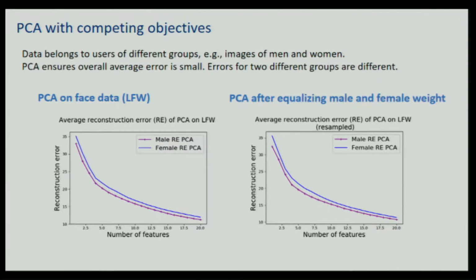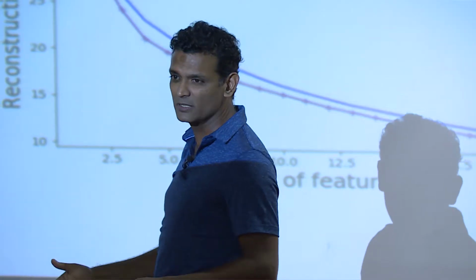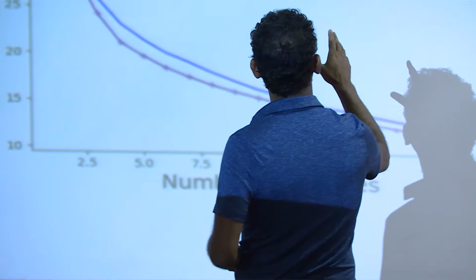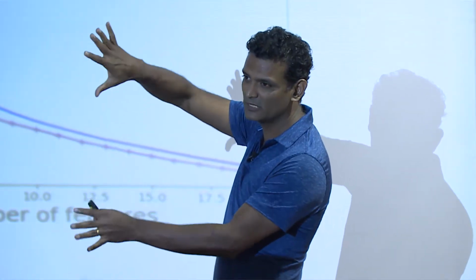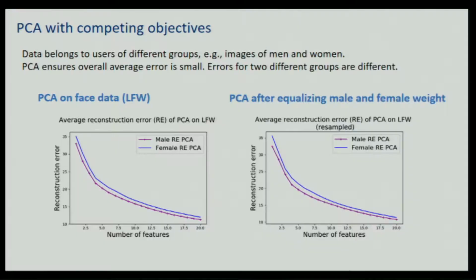And in fact, you might think, okay, maybe that's because there are more male images labeled in the data set. So if you normalize for that, so that you reweight data so that the total weight of the two subsets is equal, you still get this effect.